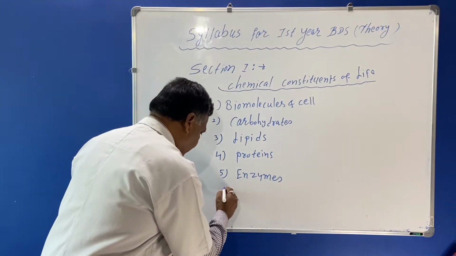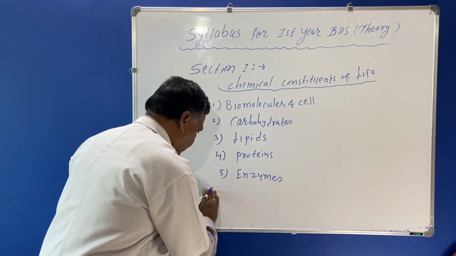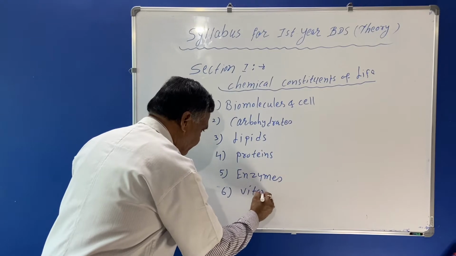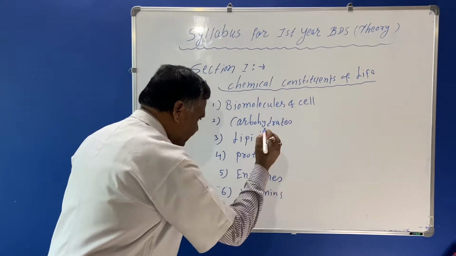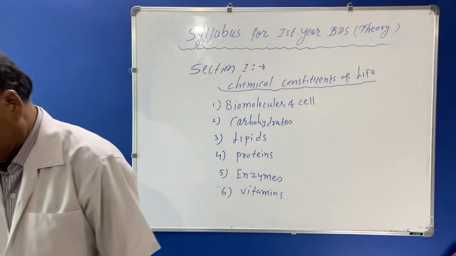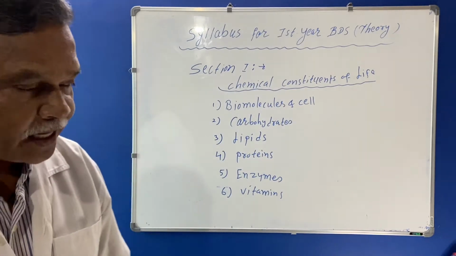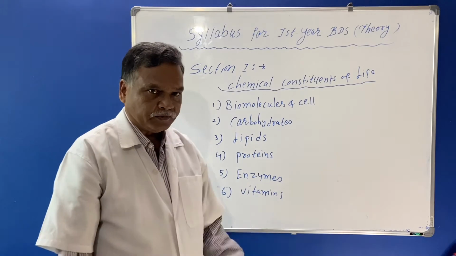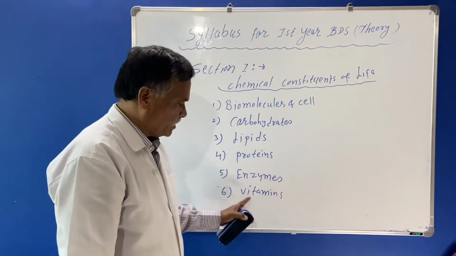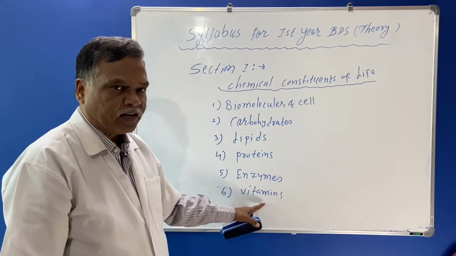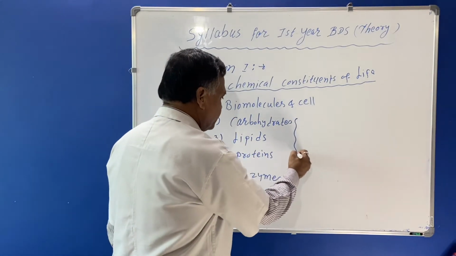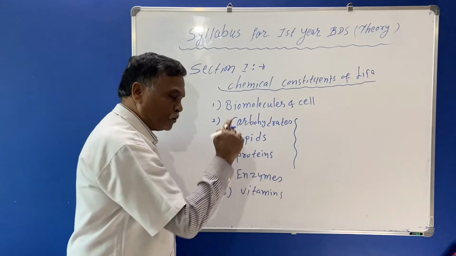Then you have to learn about the vitamins. These are the nutrients present along with the chief constituents. The chief constituents in our body are carbohydrates, lipids, and proteins.